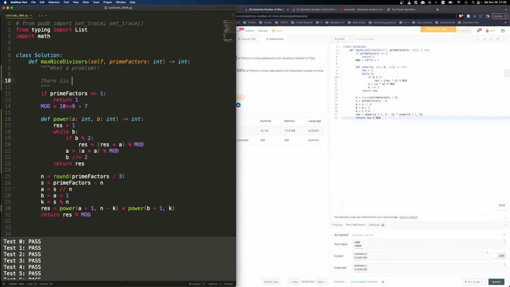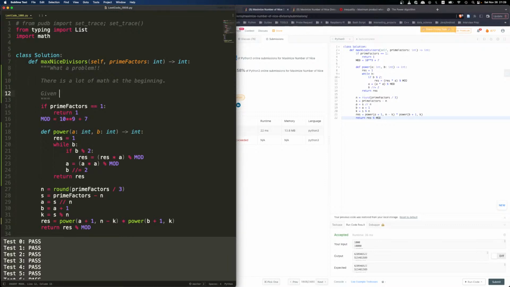Well, there's a lot of math at the beginning. I need to find out my math. Okay, so given pf, the number of prime factors, we can decide the number of primes to take.